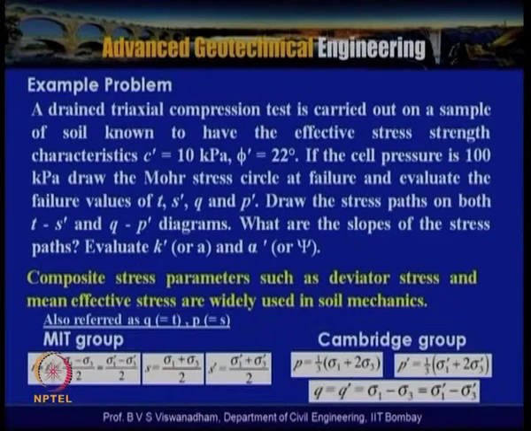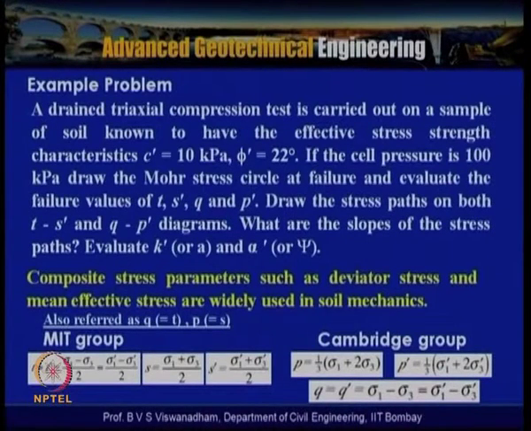The cell pressure is 100 kilopascals. Draw the Mohr stress circle at failure and evaluate the failure values of t, s dash, q and p dash, and draw the stress paths on both t, s dash and q, p dash diagrams. And what are the slopes of the stress paths? Evaluate K dash or a, and alpha dash or psi.